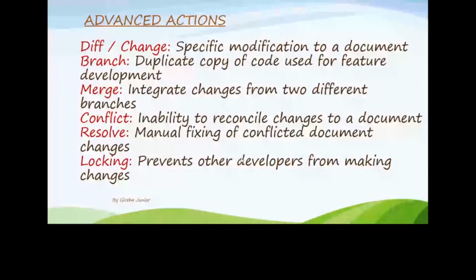So what do we call that? We call it a conflict between the file and the changes you're making. The other one we have is resolve. You'll see about all this when we come to the practical session. Then we have resolve: manual fixing of the conflicted document changes.